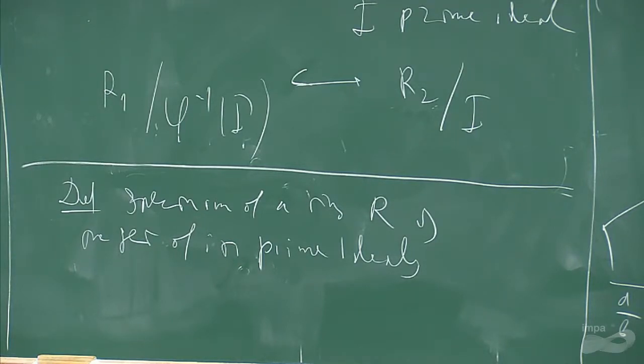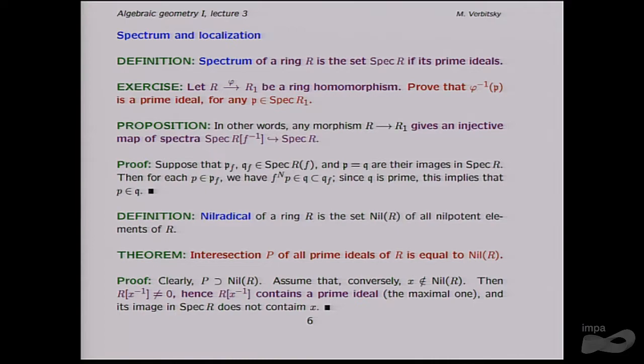Okay, so this was the exercise that the preimage of a prime ideal is a prime ideal. I told you that, but you should be able to do it yourself. But anyway, let's state this result.